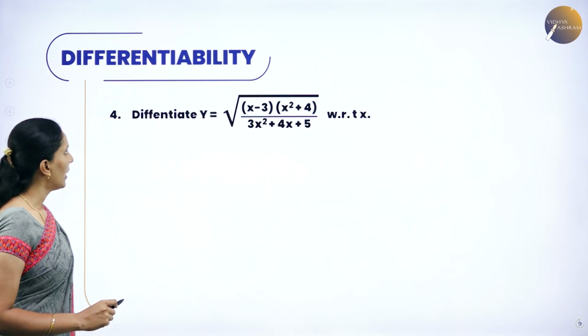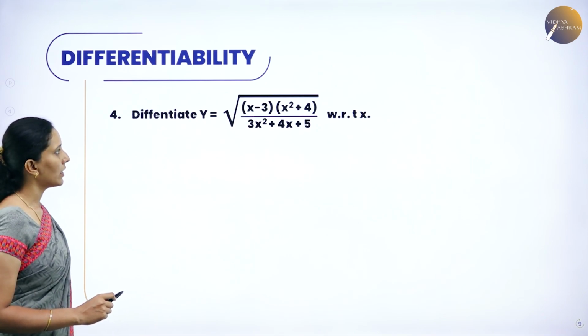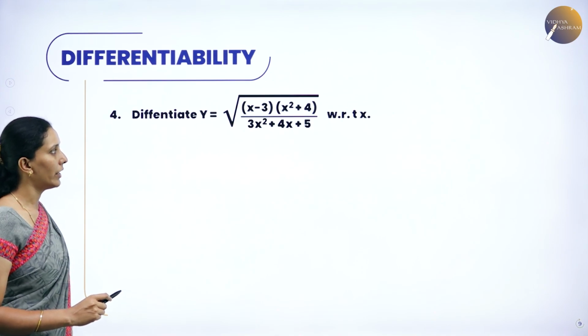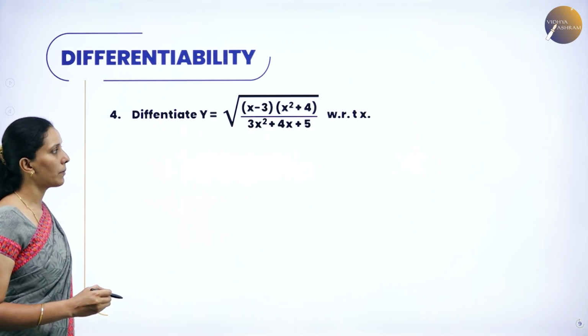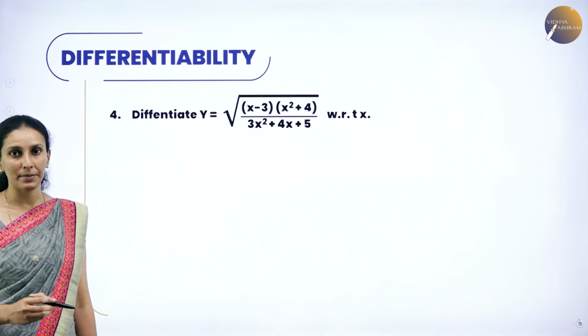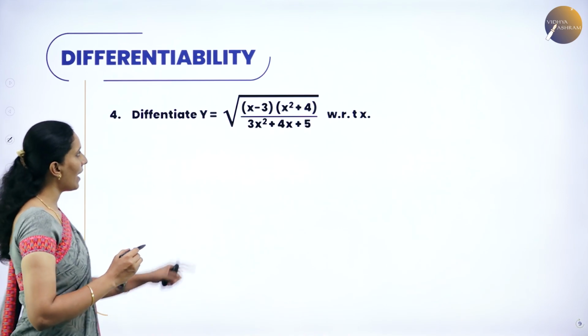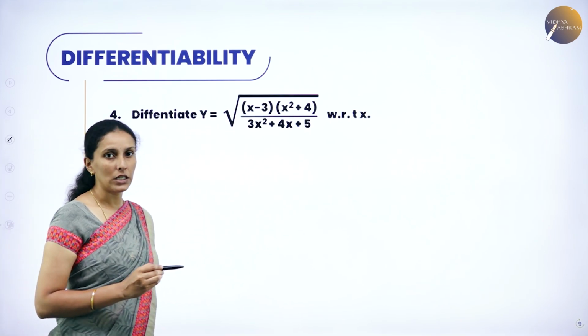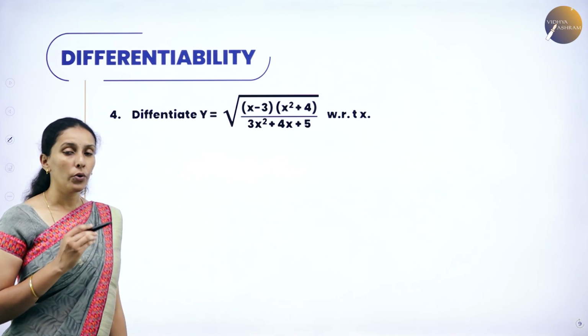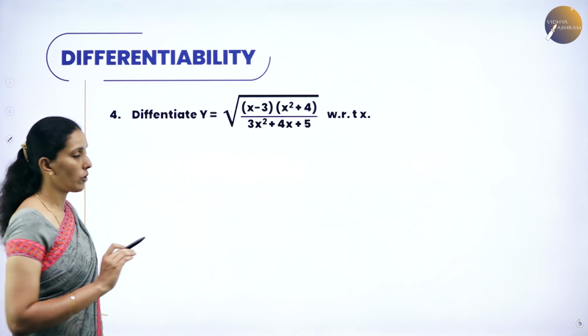Next question, differentiate y is equal to square root of (x minus 3)(x square plus 4) divided by (3x square plus 4x plus 5) with respect to x. So clearly we have y in the form of surds, that is under the square root. To remove the square root, I will apply log on both sides.